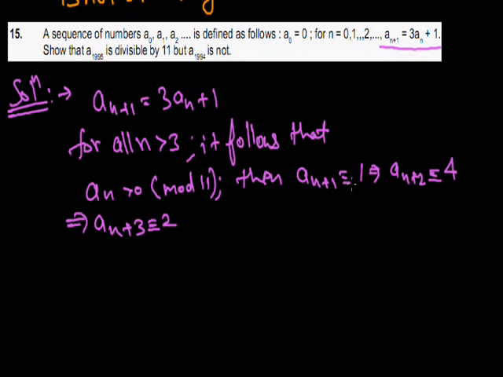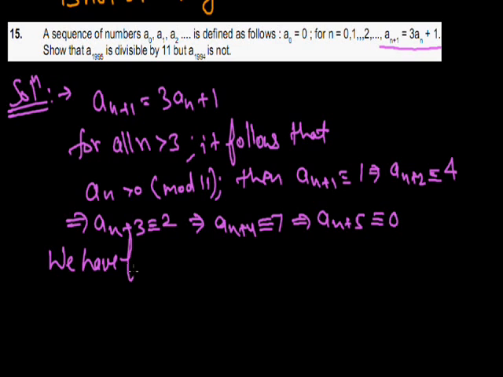These a(n+1), a(n+2), a(n+3) represent the remainders when they are divided by 11. a(n+4) gives 7 when divided by 11, and a(n+5) gives 0 when divided by 11. We have for all n greater than or equal to 0, a(5n) gives 0 when divided by 11.